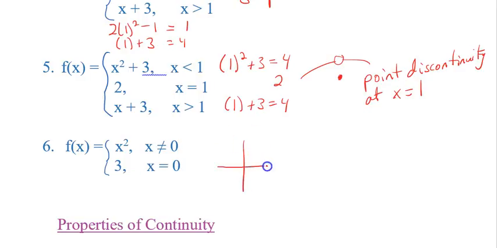And since we know what plain x squared looks like, it's a parabola, except it has a hole right there at 0, 0. Now, at 0, that y value is 3, so it's saying there's a point at 0, 3. So this is similar to situation 5, where it is a point discontinuity. The point happens to be somewhere else.